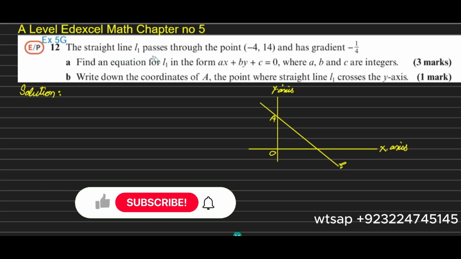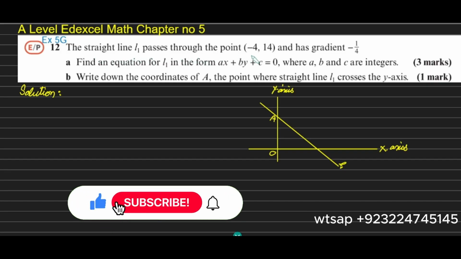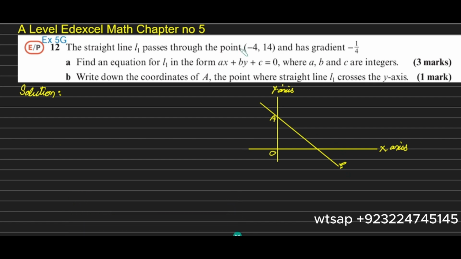This straight line L1 passes through the point minus 4, 14 and has gradient minus 1 by 4. This is the straight line L1. This line has a given point, minus 4, 14, and the slope, the gradient, is minus 1 by 4.